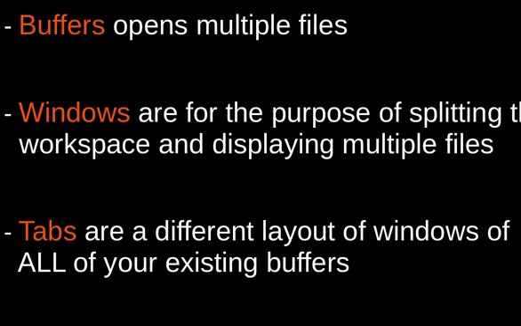Buffers are there for opening multiple files. Each file has its own buffer, and the buffer is just a representation of the file you edit. Windows are there in Vim for splitting your screen.